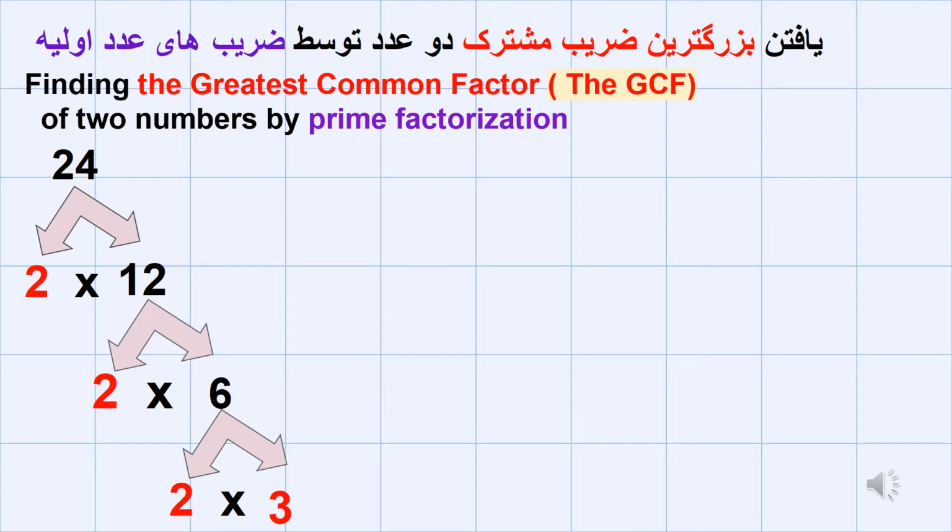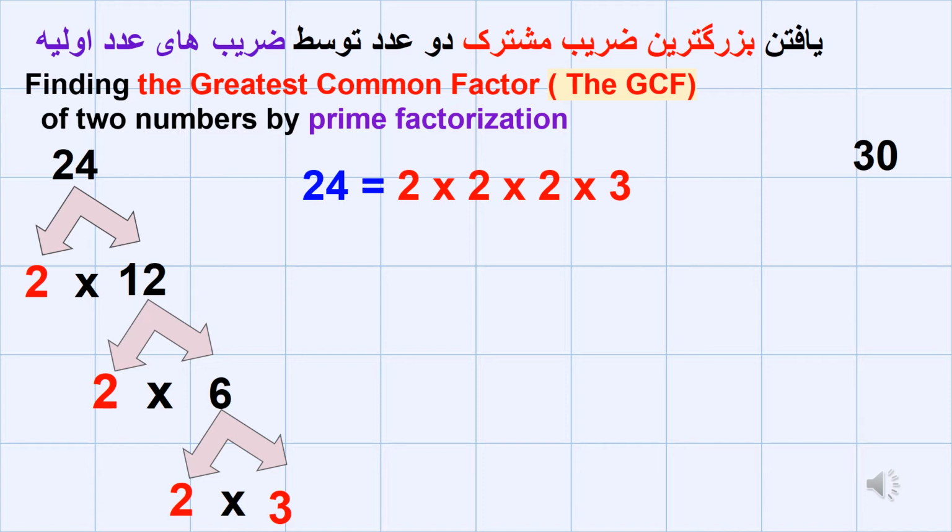So we have 4 prime factors for 24, which are written in red color, and those are 2, 2, 2, 3, and those numbers are written on the other side of the equation in multiplication form. So 24 is equal to 2 times 2 times 2 times 3.